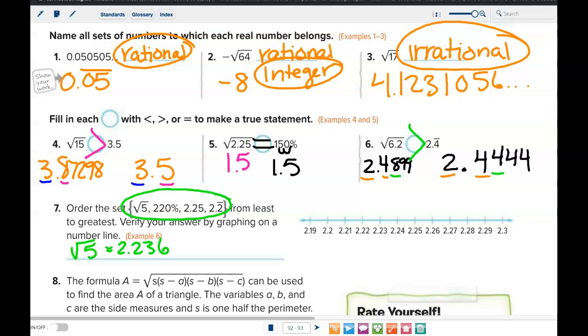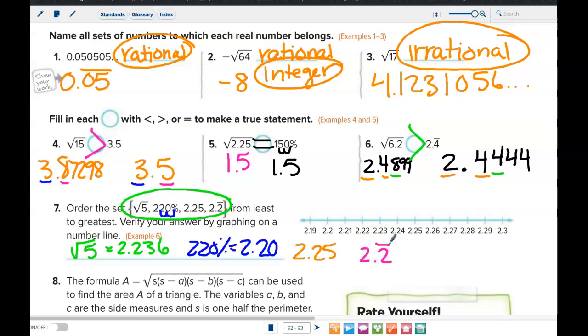We need to change 220% into a decimal, so I'm going to move it 2 places, and I get 2.20, or 2 20/100. Then we have the next one, which is 2 25/100.